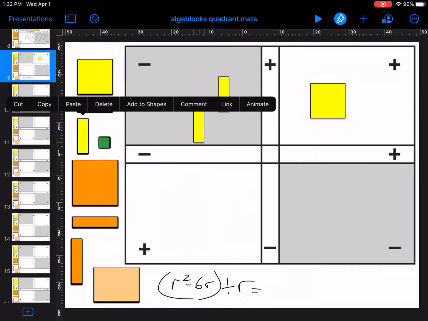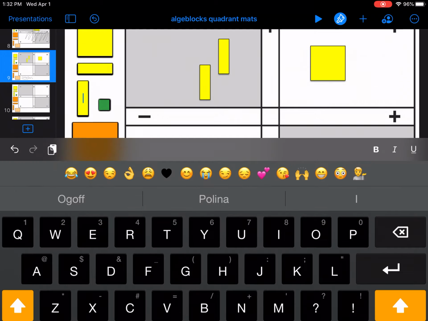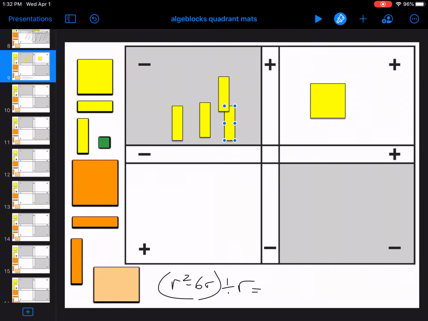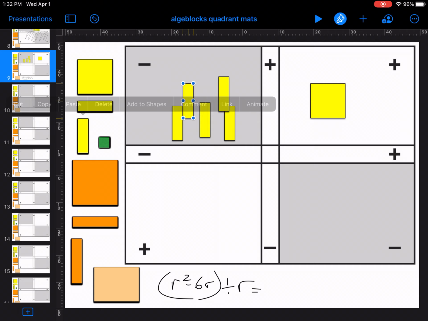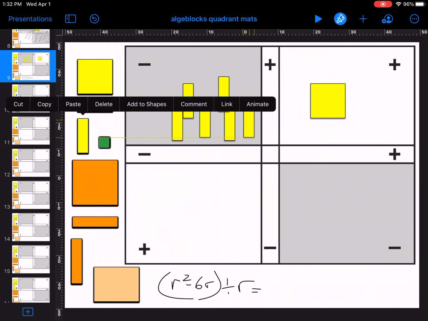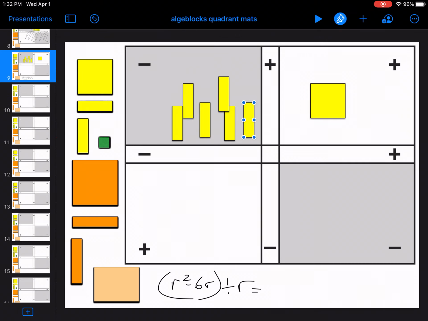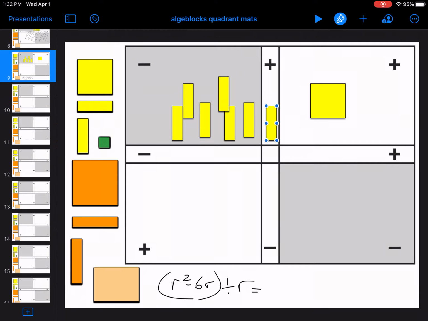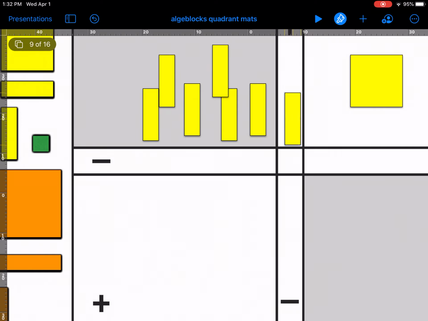1, 2, 3, 4, 5, 6. And so that's our product. And we know that our factor is going to be r.